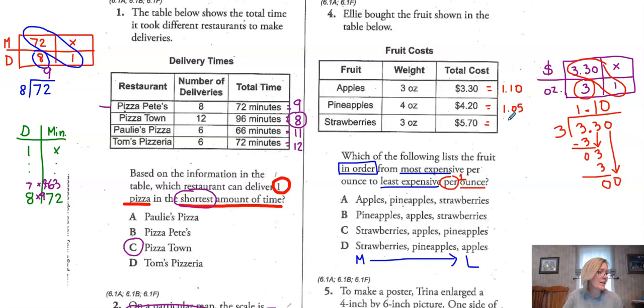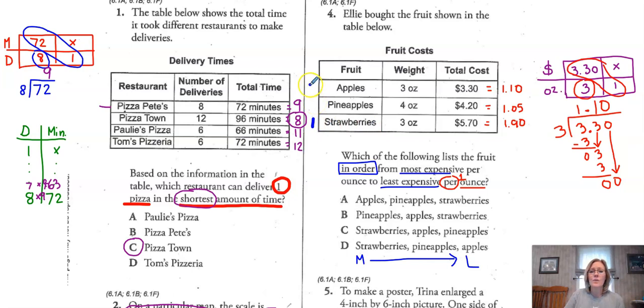And for this one, I would have gotten $1.90. Then I need to go through and organize. I'm going to use a different color for that. Which one of these is the most expensive per 1 ounce? Per means 1 ounce. Well, obviously it's the strawberries. So strawberries need to be first in my list.